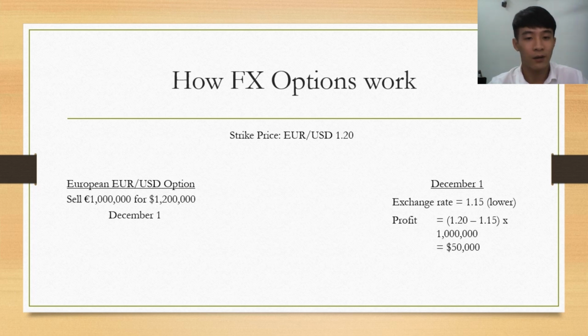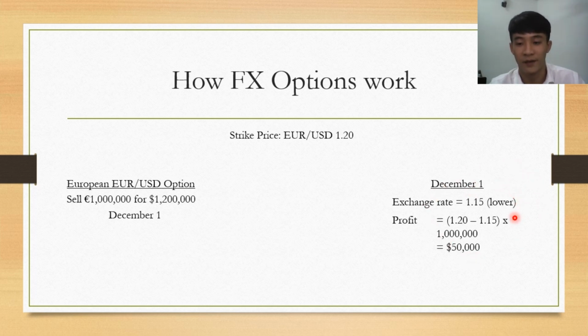So how do FX options work? Let's assume there is a EUR/USD option that gives the holder the right to sell 1 million euro and buy 1.2 million US dollars on December 1. So here the agreed strike price is 1.2 USD per euro. If on December 1 the exchange rate is lower than 1.2, let me show an example here.